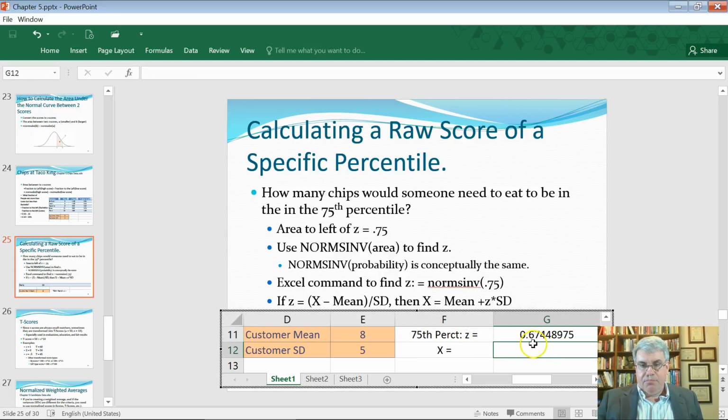And so that gives 0.6744. So that's the z-score that cuts off the 75th percentile in a normally distributed function.